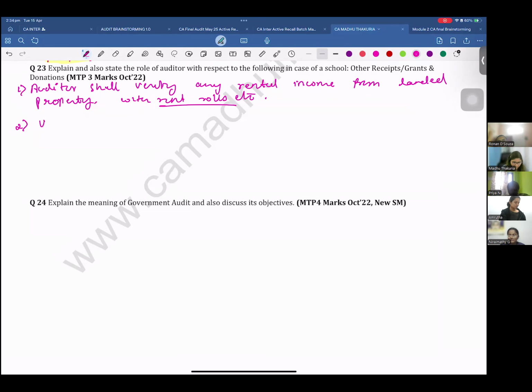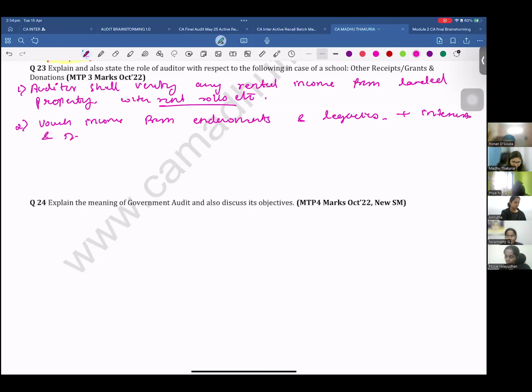Second, vouch income from endowments and legacies, plus interest and dividend on investment.